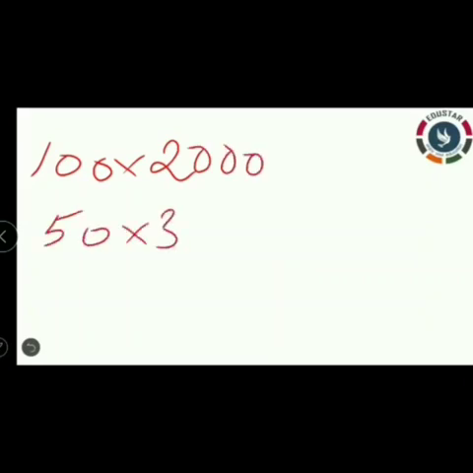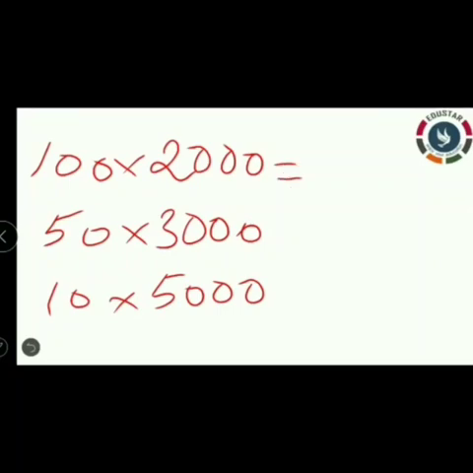Now we will verify the answer. 100 rupee, 2000 notes are there. 50 rupee, 3000 notes are there. 10 rupee, 5000 notes are there.